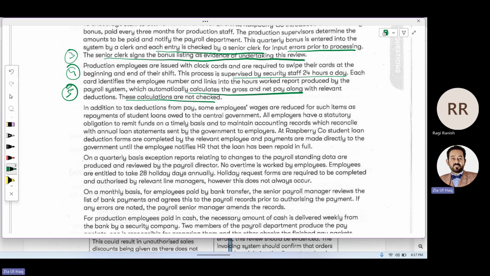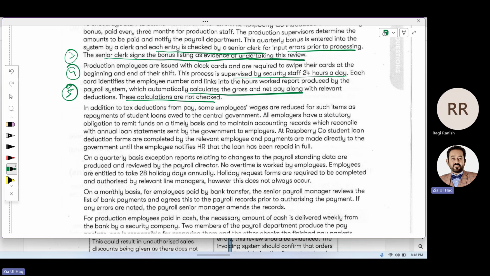Maybe against the loan, the company has provided the security. We will deduct the amount and will pay. All employees have a statutory obligation to remit funds on a timely basis. That's why the company is deducting from their pay, so that payment to the government is made on a timely basis, and to maintain accounting records which reconcile with the annual loan statement sent by the government to employers.